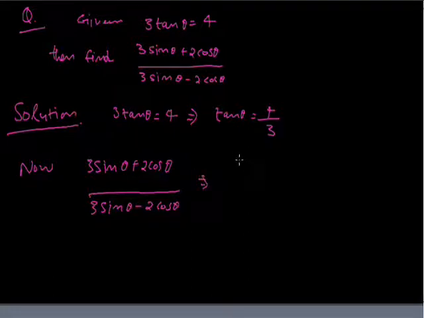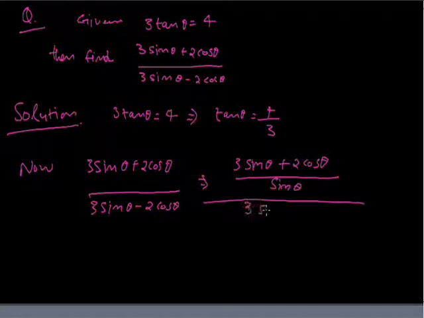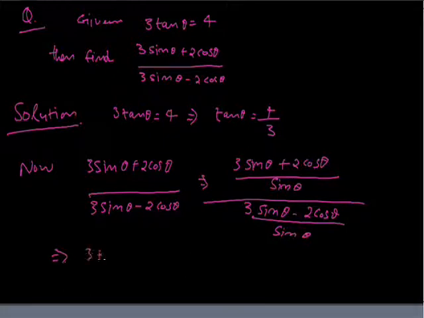So we get 3 plus 2 cot theta upon 3 minus 2 cot theta.